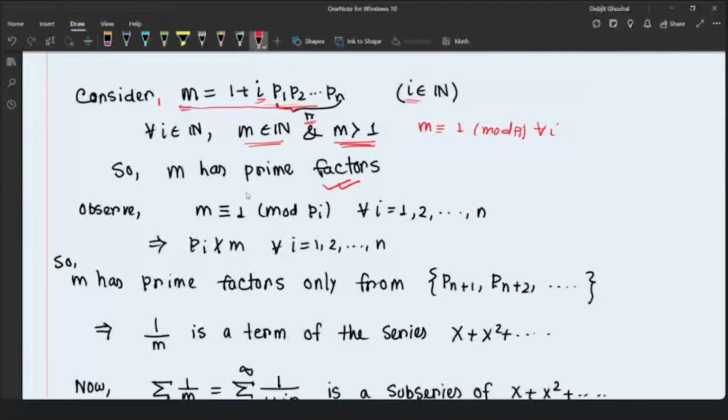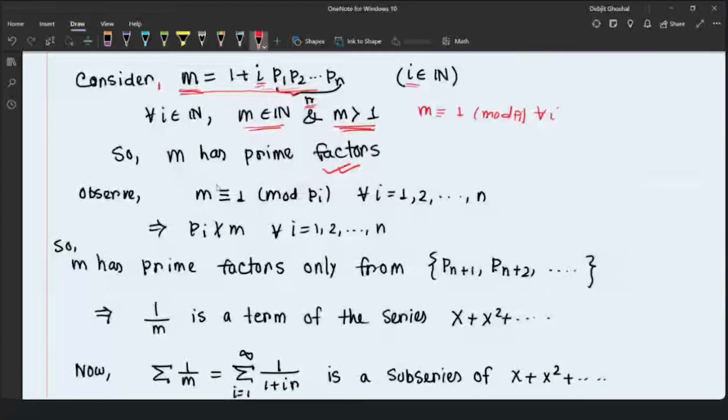What I want to say is that from p1 to pn, none of the primes divides m. pi doesn't divide m for any i from 1 to n. So, by the fundamental theorem of arithmetic, we know that m has prime factors, and we also know that m does not have prime factors from the set p1 to pn. So we can conclude that m has prime factors only from this set.